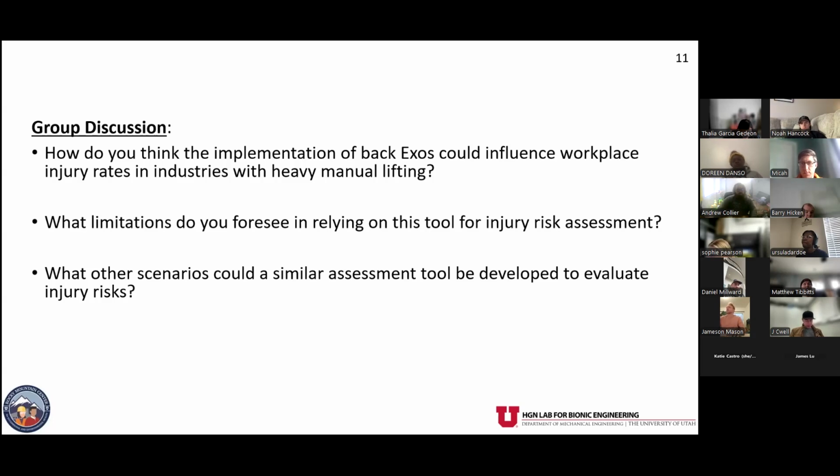Are most back accidents or back injuries caused by long-term fatigue type stuff or more one-time accident type stuff? I'm not really sure on an exact number. But this study is based on those long-term injuries, like I've been lifting boxes 2,000 times every work day.